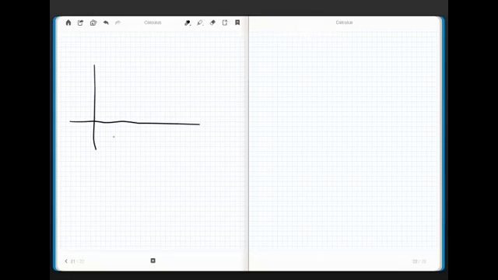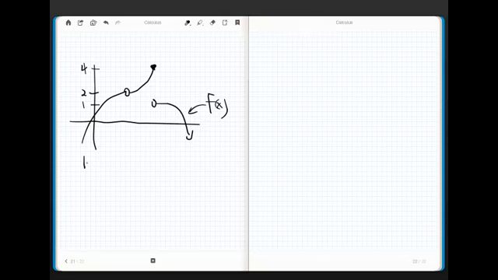Let's keep this real simple because you're going to get loads of practice on this. So if I have a function, let's say that does this, and then here, and then here. I know my scale is going to be all jacked, but that's okay. Let's call this 2, and let's call this 4. And this is going to be f of x.